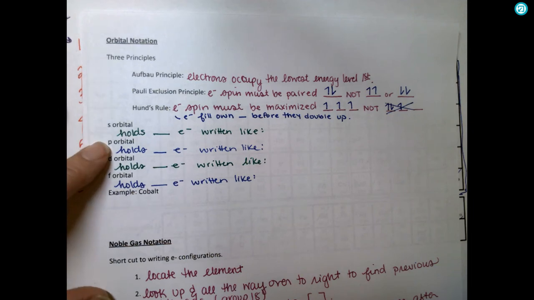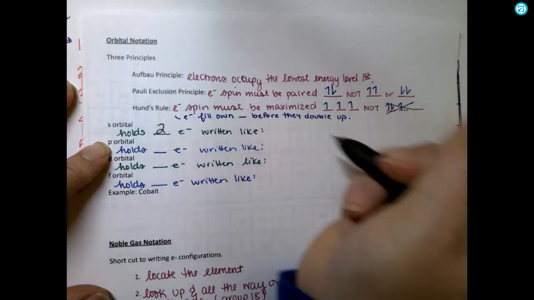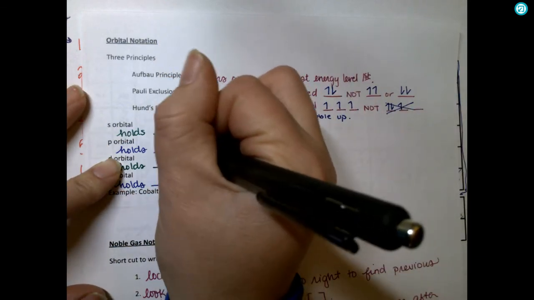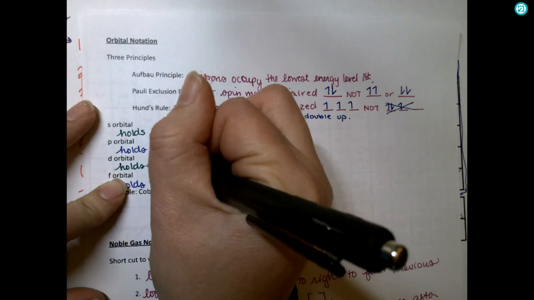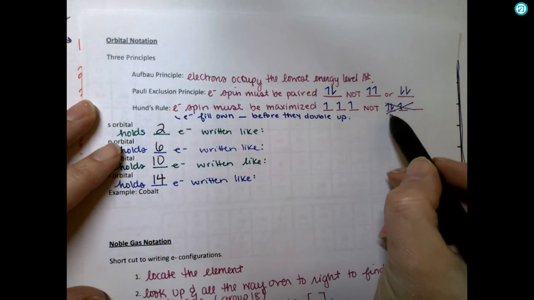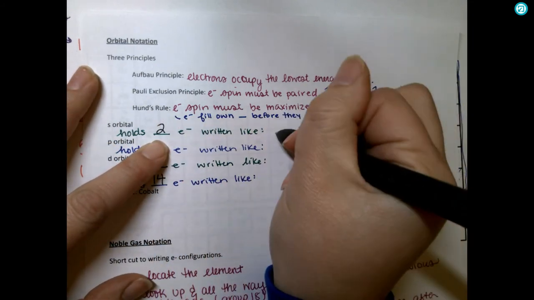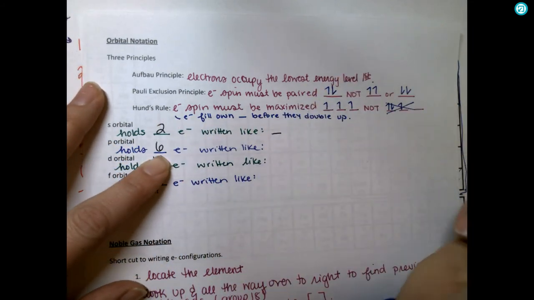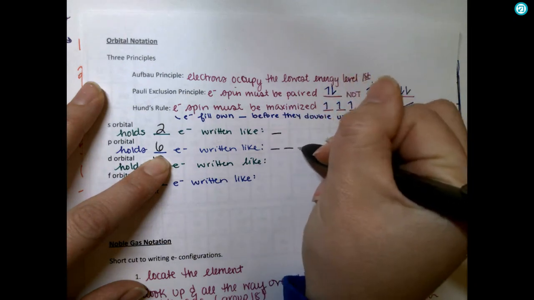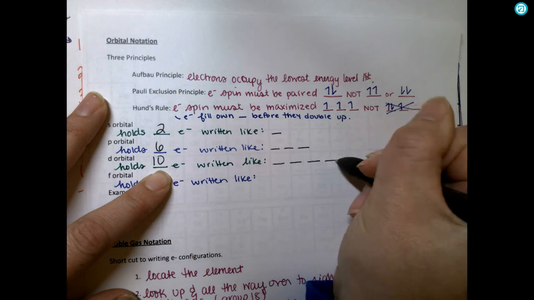So remember that our s orbital holds 2 electrons. P orbital holds 6. D holds 10, F holds 14. Electrons eventually want to pair up. So that means if I have 2 total electrons, I can only have 1 line. 6 electrons means that I have 3 lines. 10 means I have 5.